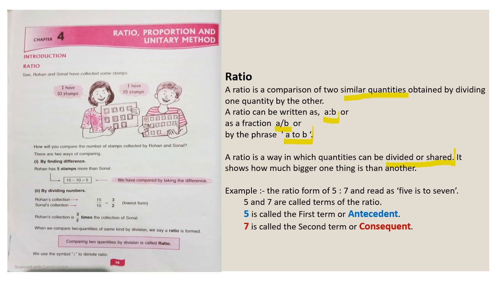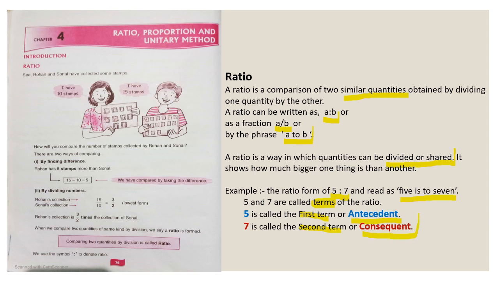Now an example: the ratio form of 5 and 7 is read as 5:7, and here 5 and 7 are called the terms of the ratio, in which 5 is called the first term or antecedent, and 7 is called the second term or consequent.